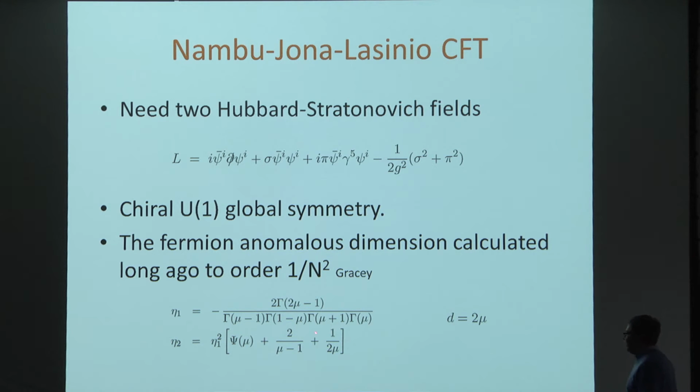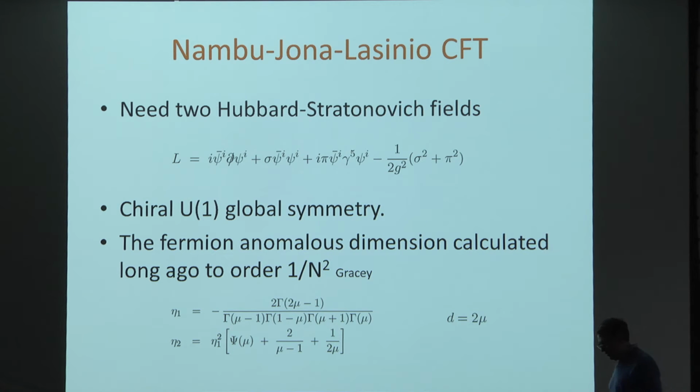And I don't know if this has been fully worked out, but now actually we're thinking about playing a similar game in 4 minus epsilon dimensions for this Nambu-Jona-Lasinio CFT. And we expect that the conformal field theory will exist actually for the entire range of dimensions, even for the smallest number of colors.